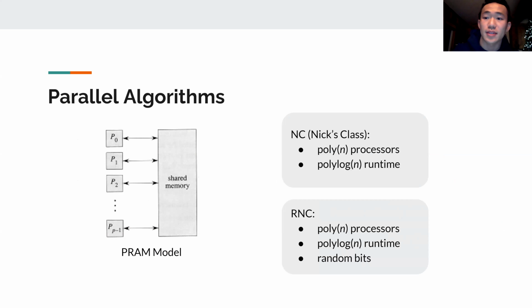So we have many different processors communicating via some shared memory.